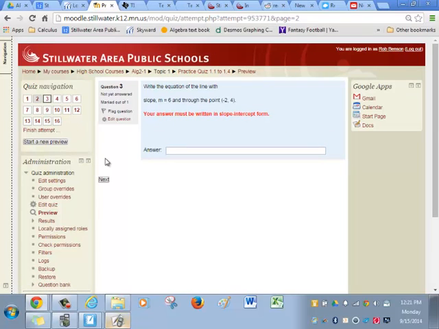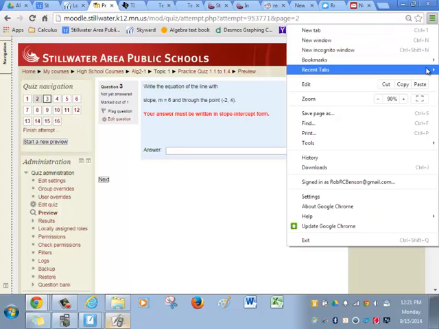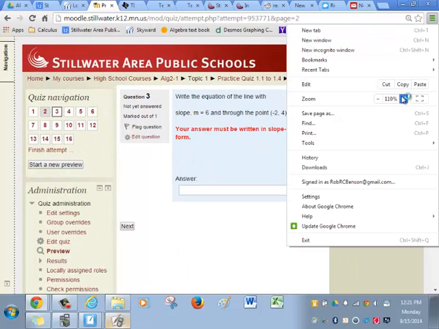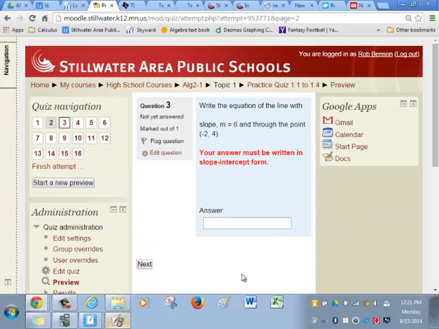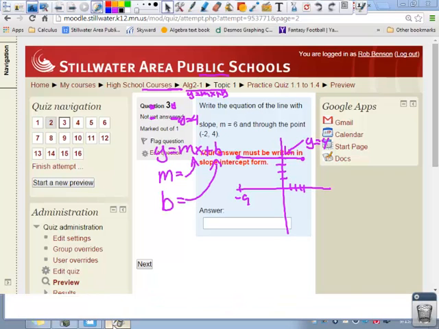This one says write the equation of a line with the slope of m equals 6 through the point -2, 4. First, you want to zoom in, just so you make sure you're reading this correctly. We want an equation of a line through this point with this slope, so we start off with y equals mx plus b.